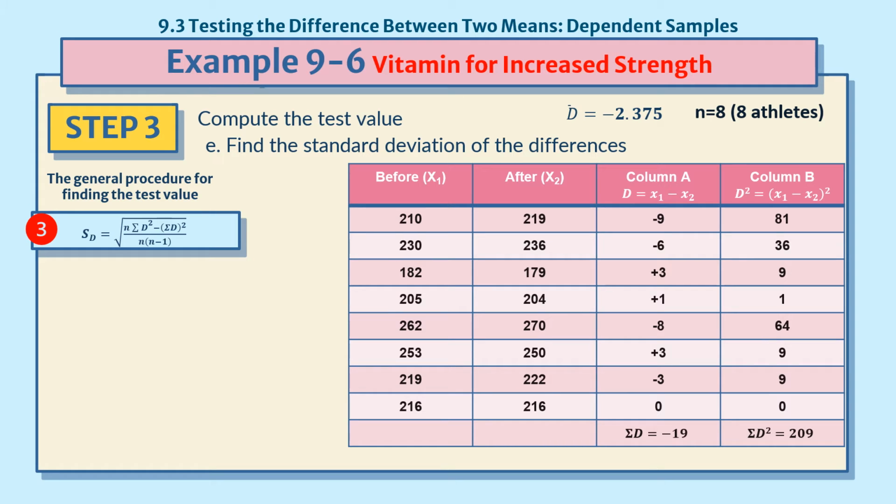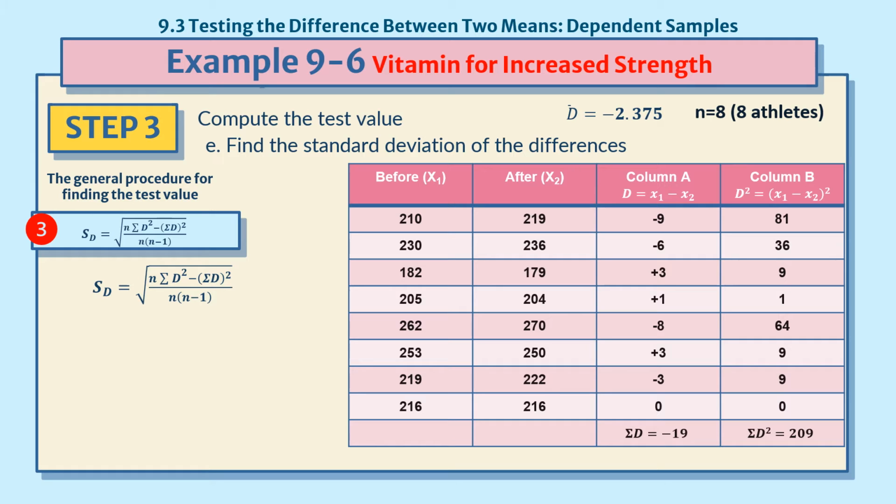Next step, step E. Find the standard deviation of the differences. So we have this formula. S sub d equals the square root of n times the summation of d squared minus the summation of d, squared, all over n quantity n minus 1. We have the value of n, which is 8, the summation of d is negative 19, and the summation of d squared is 209.